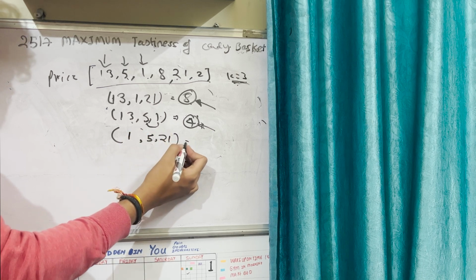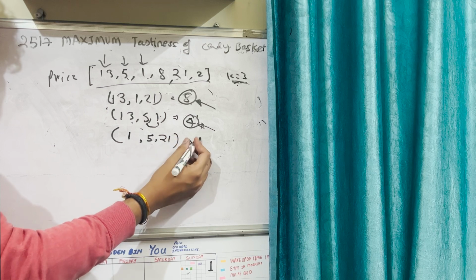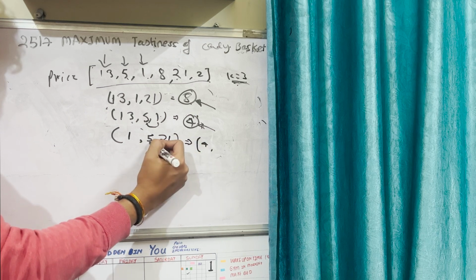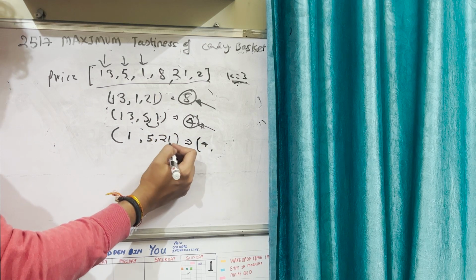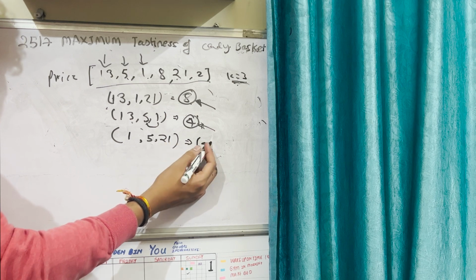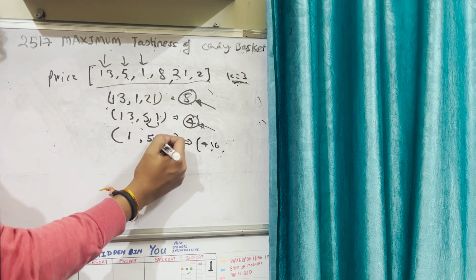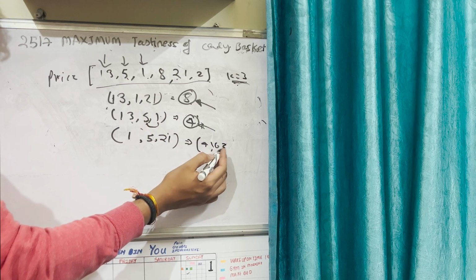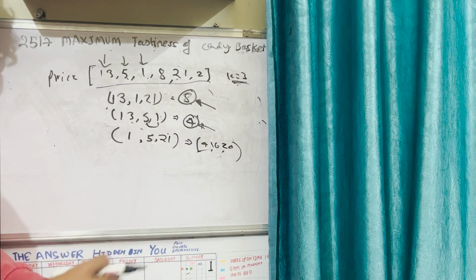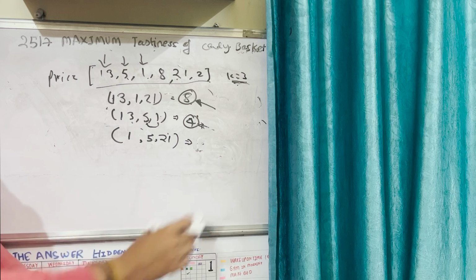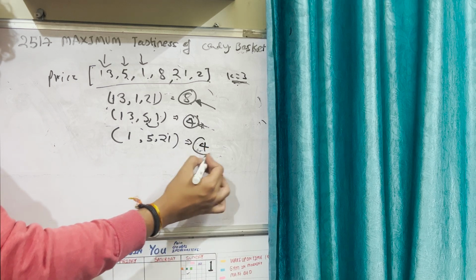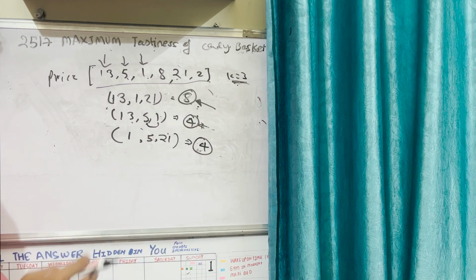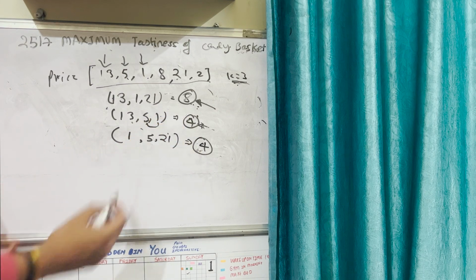If we see, the difference between 5 and 1 is 4, the difference between 5 and 21 is 16, and the difference between 21 and 1 is 20. So this will fetch tastiness equal to 4. But you can see this is the maximum value. Now you have to return this maximum value that you can form.